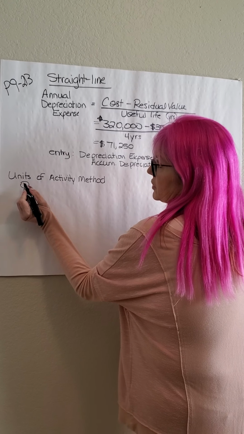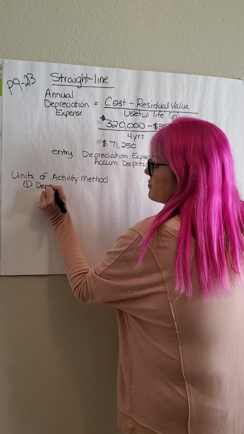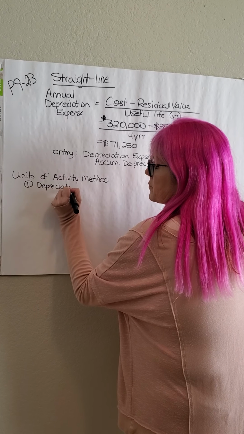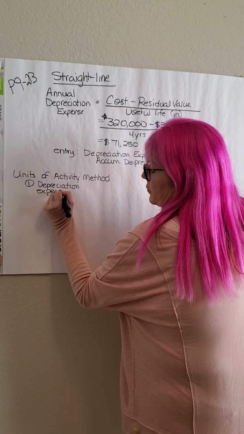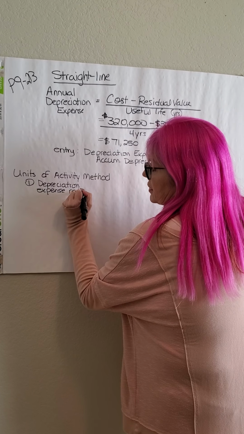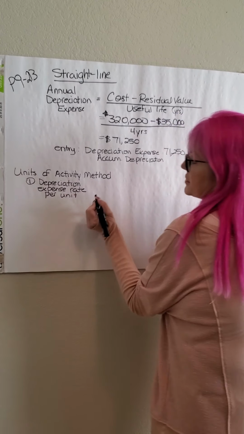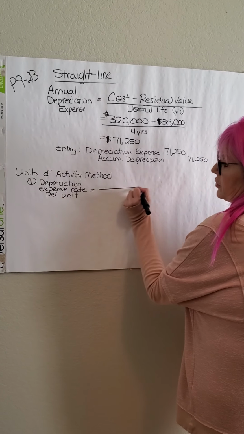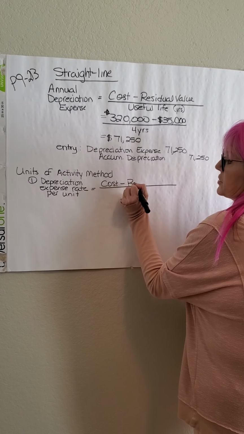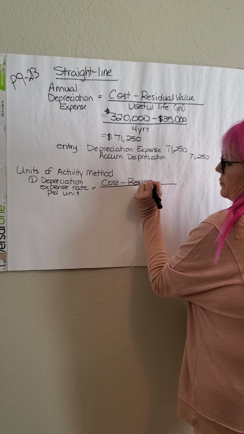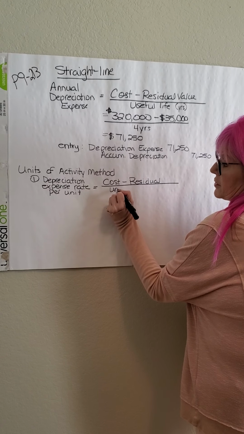So the first thing you need to do is get the depreciation expense rate per unit. In this case, it's going to be by hours, but the formula is still cost minus residual. But now we're going to divide it by the units of activity.